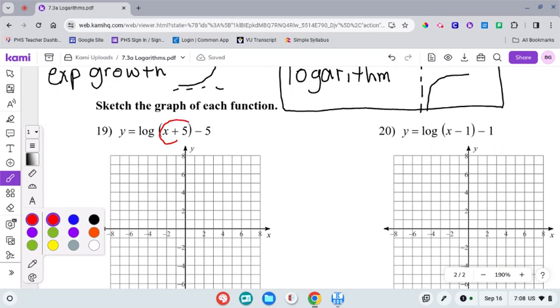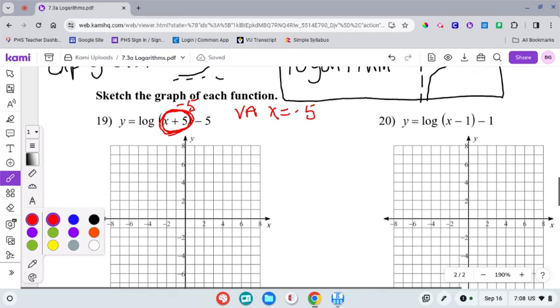Look at the argument of the logarithm, and find the number that makes that equal 0. We've talked about that before. I want to zero this out. The number that makes that 0, pretty clear, is -5. You are going to have a vertical asymptote at x equals -5.